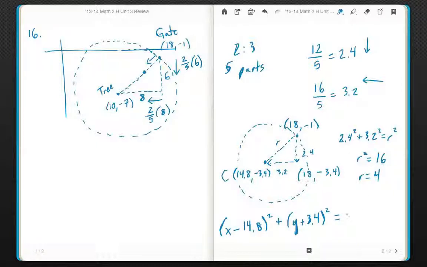The radius was 4, so 4 squared is 16. So that means this is the new equation for the circle with the new center and radius.